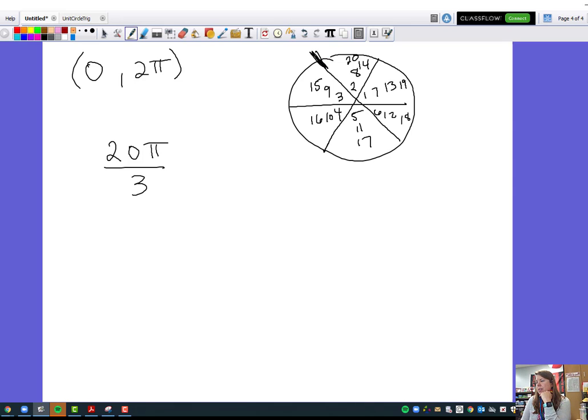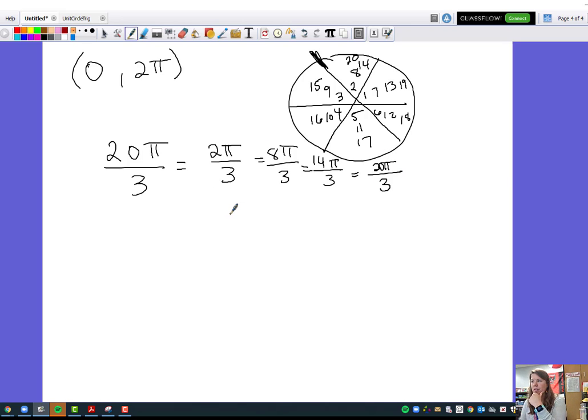This angle measure here, we've gone around 3 times. So then 20 would be the same as 2 pi over 3. It's also the same as 8 pi over 3, or 14 pi over 3, or 20 pi over 3. All of those angle measures are the same. This is 1 rotation plus that. This is 1 rotation, and we end here. Or 2 rotations, and then this would be 3 rotations, and we end at 2 pi over 3 on that one.